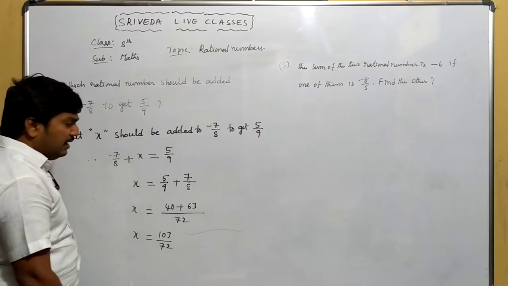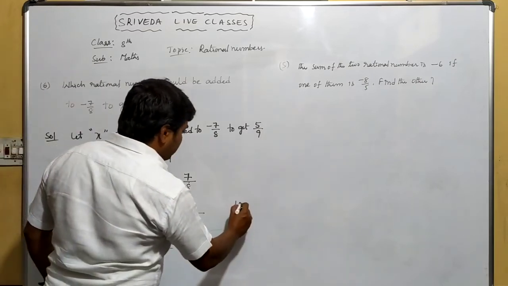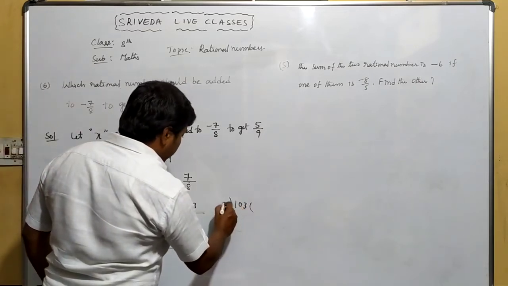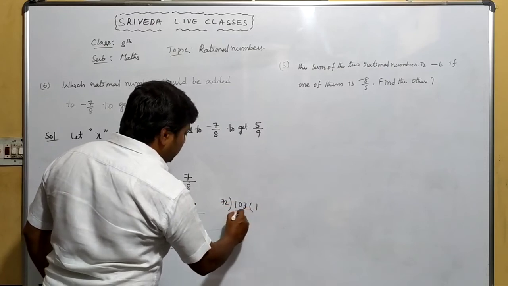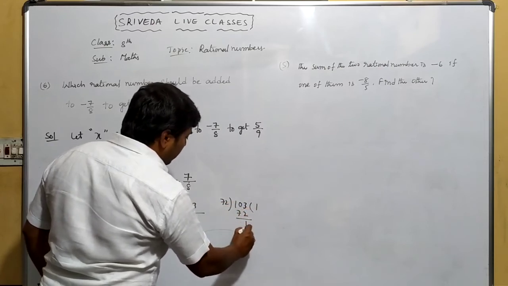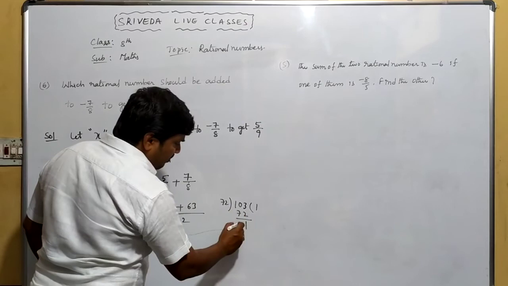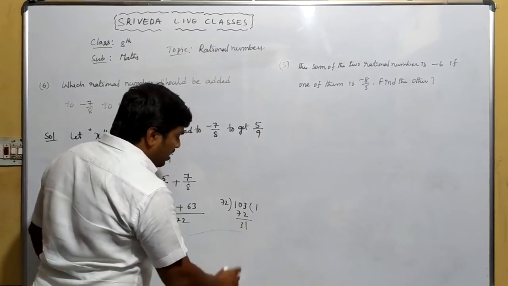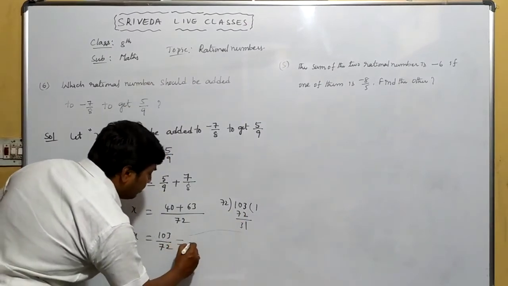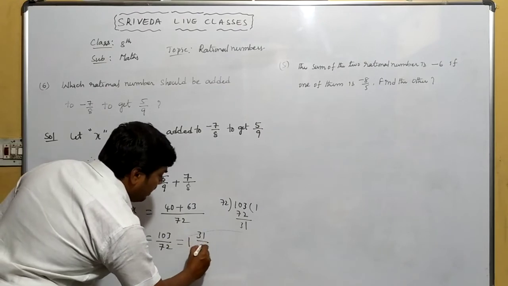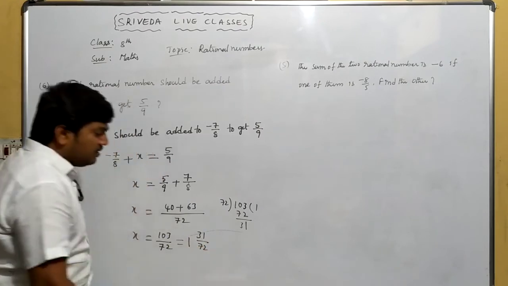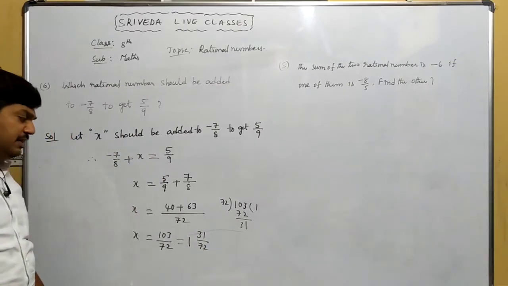Here we can write it as a mixed fraction. 103 divided by 72: one 72 is 72, and 103 minus 72 is 31. We can write it as 1 and 31 by 72.